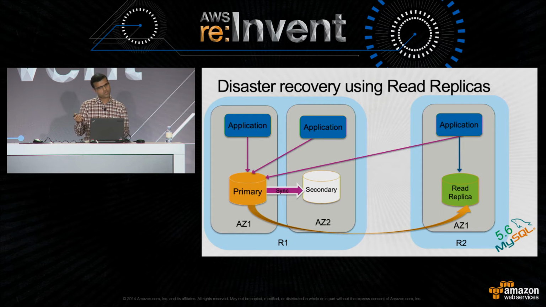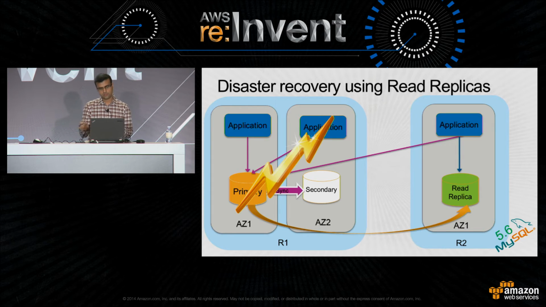And some of our customers also use a cross-region read replica for read scaling and providing read locality. So for example, if one of your users travels from the West Coast to the East Coast, you might want to architect your application such that any data that they're reading is provided through a read replica which is closest to the user.